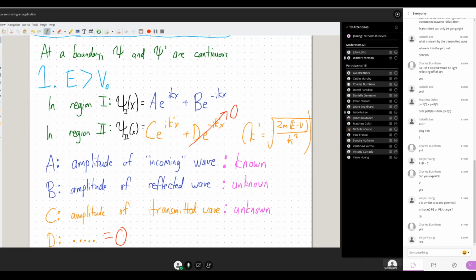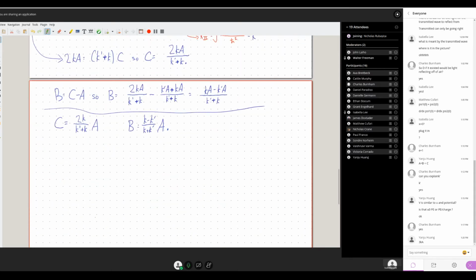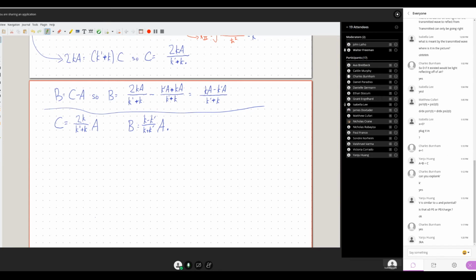Now there's one other form of this that you often see. So here we're talking about amplitudes of waves, right? But you might be interested in saying, well, if I'm throwing electrons at a step, how many of those electrons are going to go through and how many of them are going to bounce back, right?